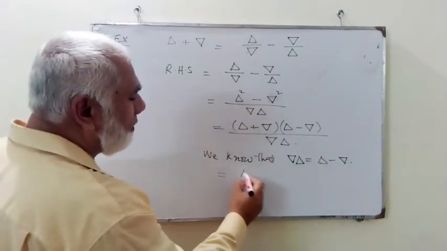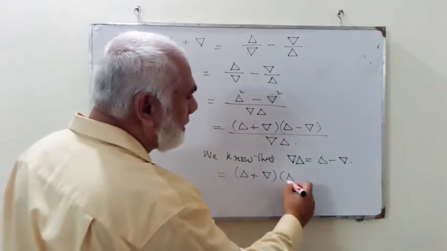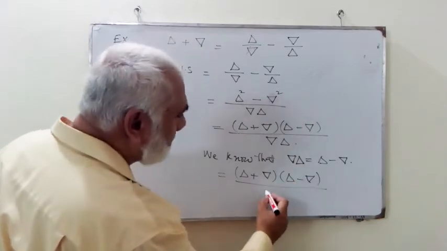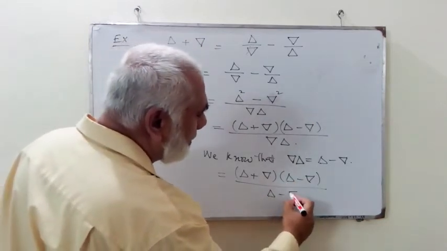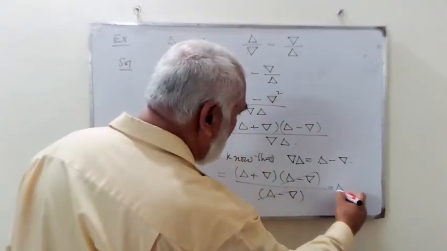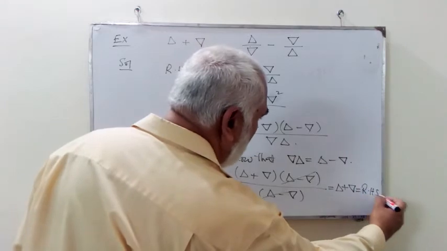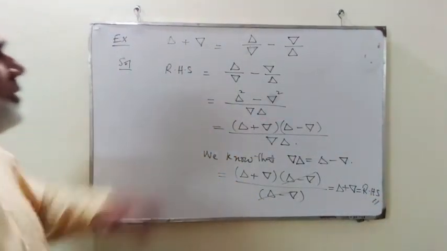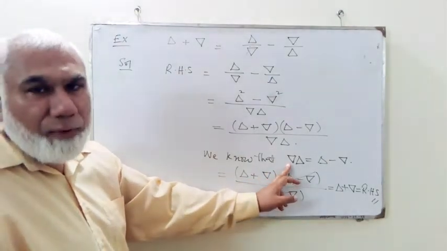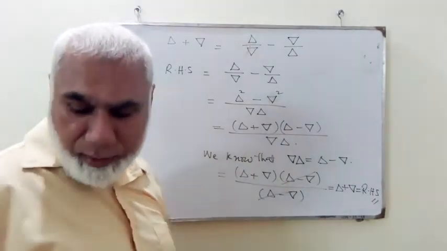So the result takes the form delta plus nabla into delta minus nabla whole divided by delta minus nabla. So you can see here these two will be dropped, and the remaining is delta plus nabla, and that is your right hand side. So this verifies the two sides are identical, and this identity can be verified very easily if you do it at home. I hope you can do it very easily.